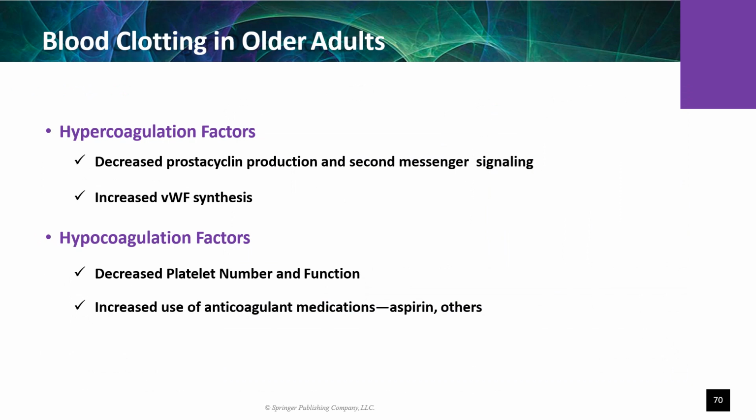Older adults are inclined to have a hypercoagulable state at baseline, thus increasing their risks of DVT, PE, cardiac emboli, and MI.